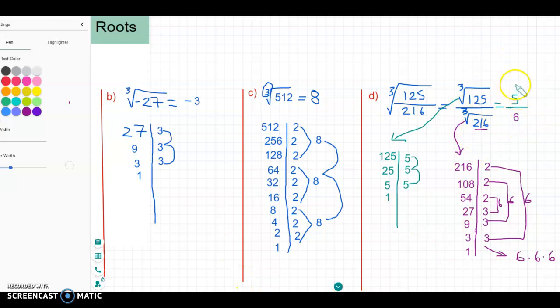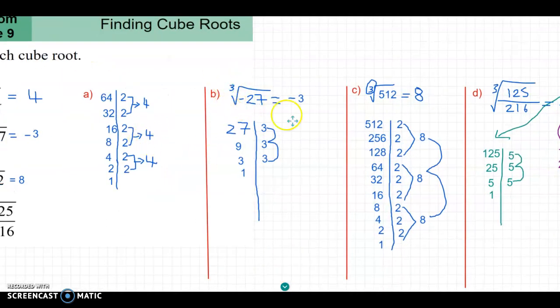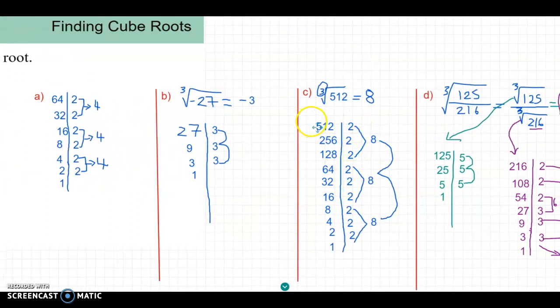So finally, guys, we analyze if it's possible to simplify this fraction, but 5 over 6 cannot be simplified, all right? So that will be the final answer. Remember, guys, when you're going to find cubic roots, we get groups of three numbers which are the same, and after you multiply these numbers, you get the result inside the root.